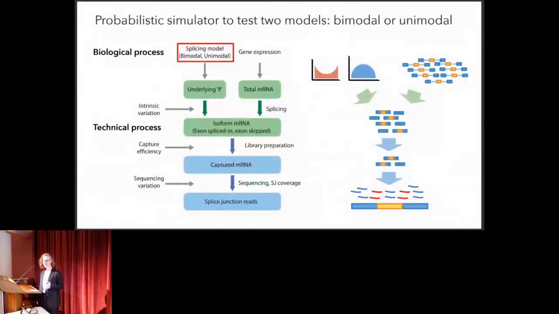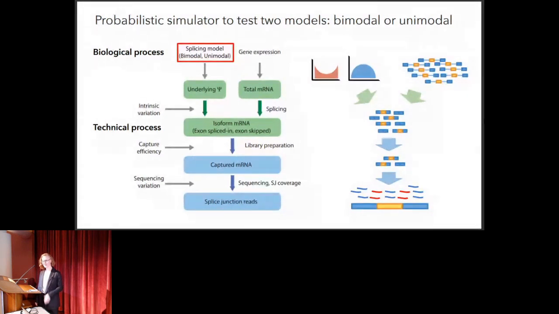Carlos wrote a nice probabilistic simulator to test these 2 models. I'll skip over the details, but he tried to capture the real patterns of sort of data loss and variability from cell to cell. And he modeled 2 different possibilities. One is that the underlying splicing of most exons really has this unimodal distribution with some characteristic underlying percent spliced in that's then lost through data recovery.